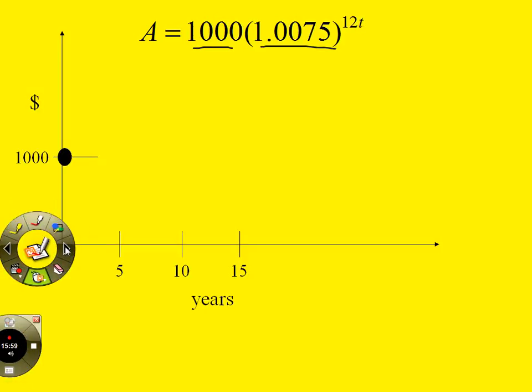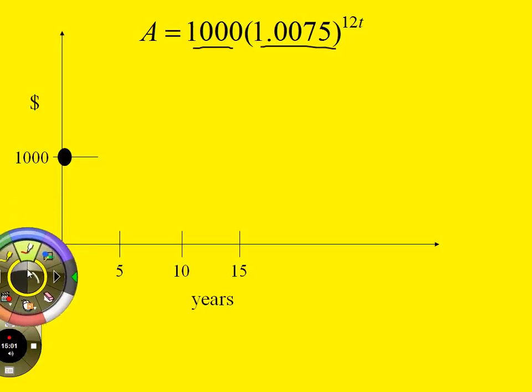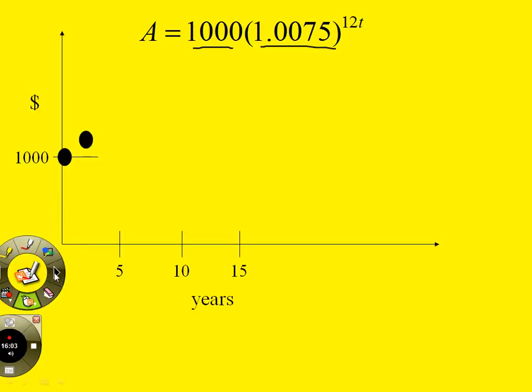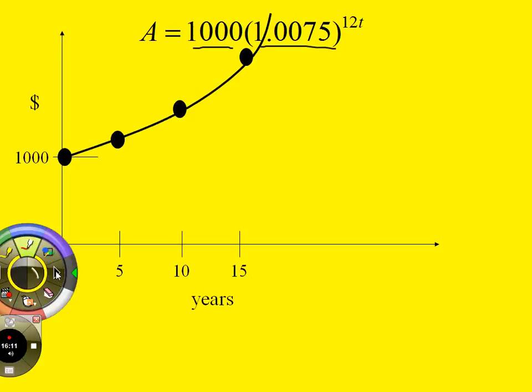And so when we plot the points, at 0 years, we've got $1,000. At 5 years, we have a little increase, and then at 10 years, a little increase. And we notice that it's growing exponentially. And it makes sense because the one variable here that we're leaving as the variable is time in years. So, good example. All right.